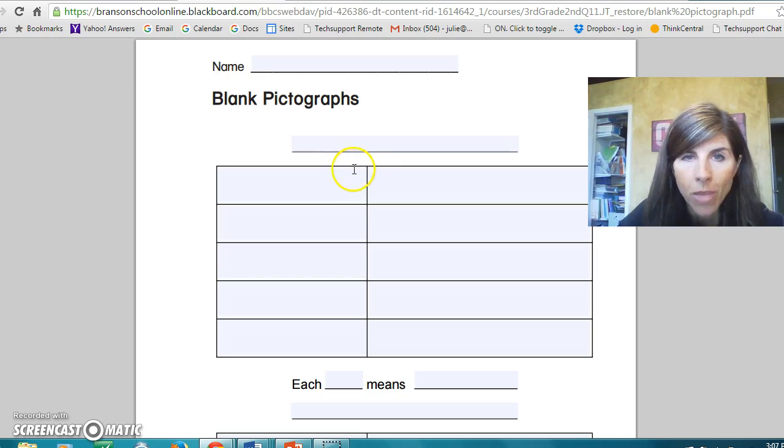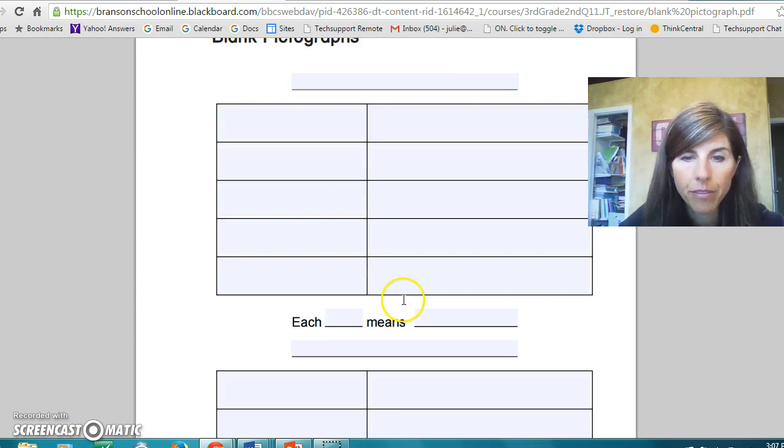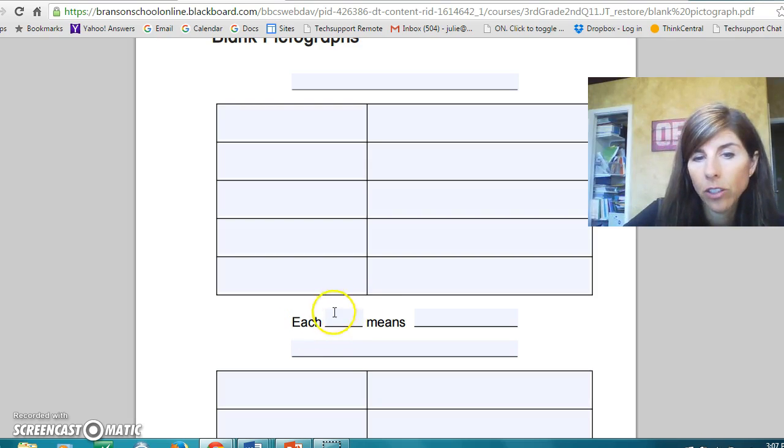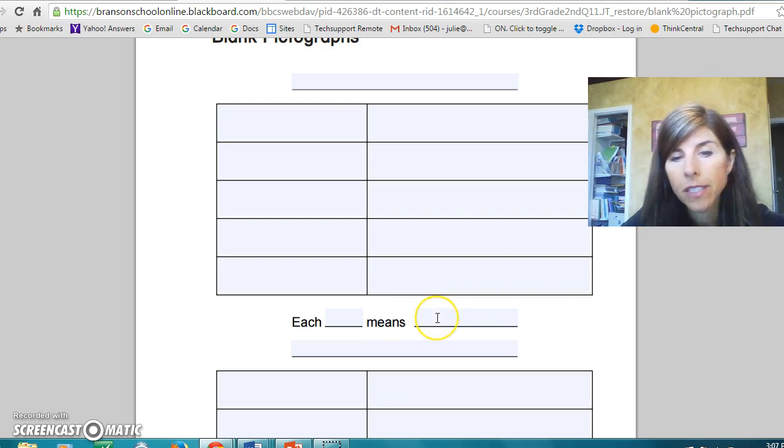So it'll kind of look like the first graph that I showed you. Here, and then you come up with a picture to represent. So for cans, I would draw just a little cylinder to represent a can. So for each cylinder picture, I'm going to say two.